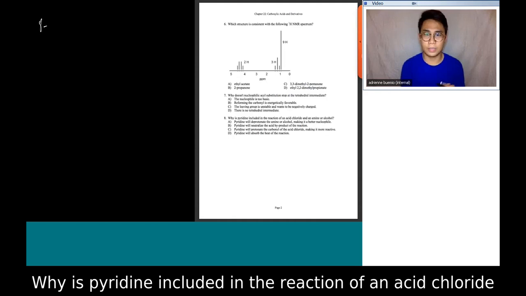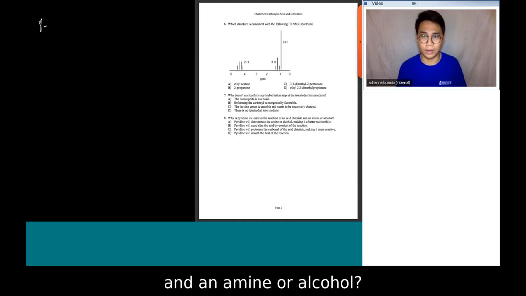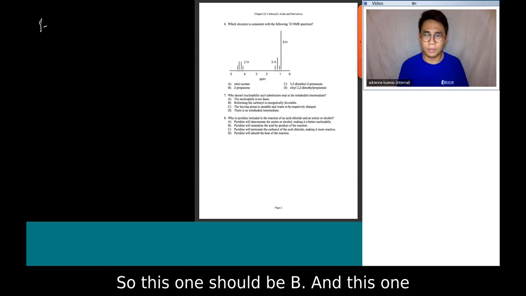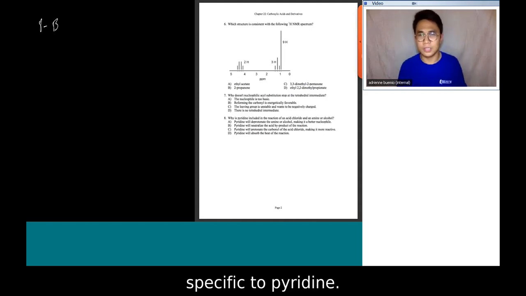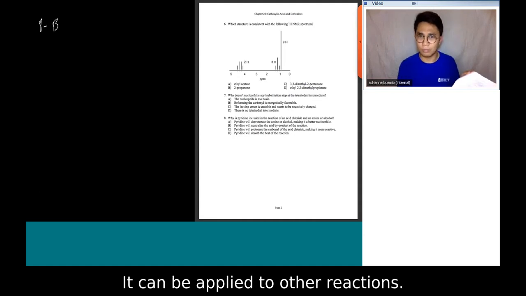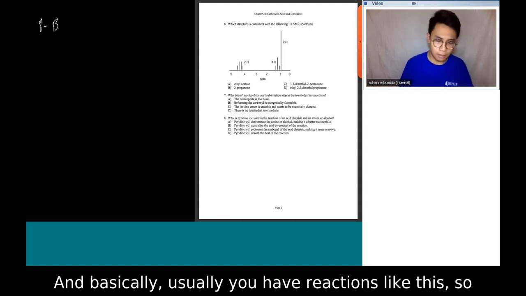Why is pyridine included in the reaction of an acid chloride and an amine or alcohol? This one should be B. This is one of those questions that isn't specific to pyridine. It can be applied to other reactions.